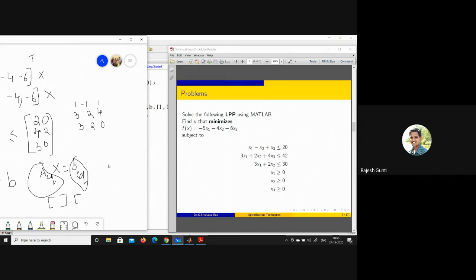Third equation, minus x1 less than or equal to 0: minus 1, 0, 0. Minus x2 less than or equal to 0: 0, minus 1, 0. Minus x3 less than or equal to 0: 0, 0, minus 1. So the entire matrix times x is less than or equal to, what is the right hand side value?